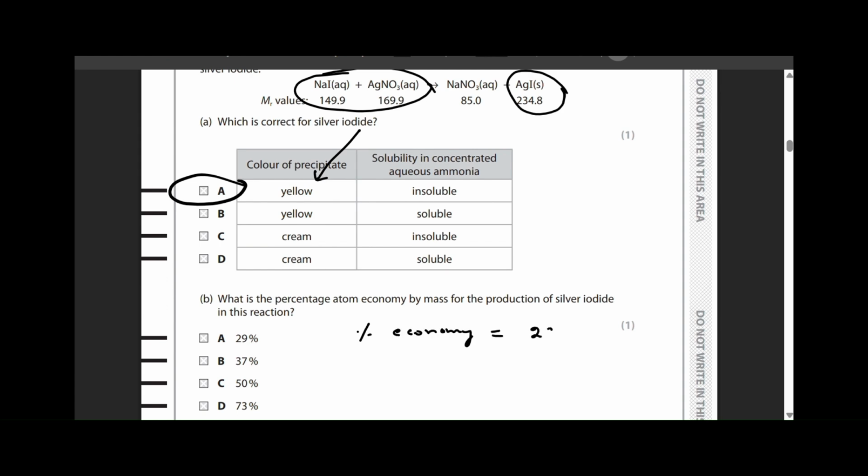So 234.8 divided by 149.9 plus 169.9, into 100, to find the atom economy, and that is 73.4%. So the correct option is D.